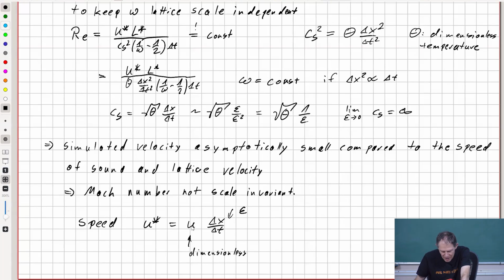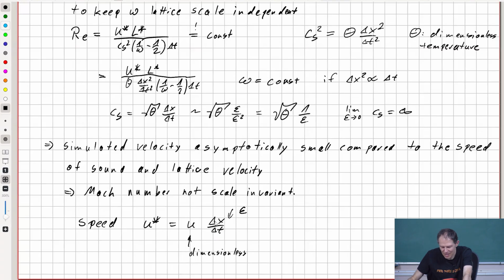So in the calculation, if we have a speed of 0.1 lattice spacing in one time step, this becomes 0.1. So this is now our dimensionless velocity in terms of lattice units, whereas this is the translation factor, so this is actually delta x in meters by delta t in seconds.